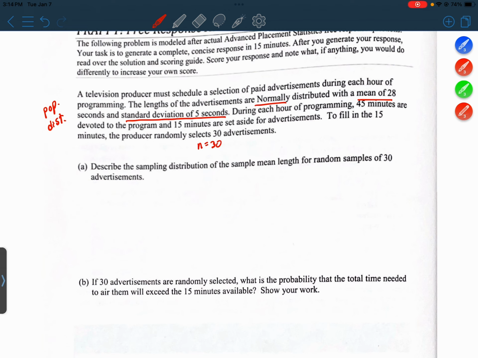All right, part A. Describe the sampling distribution of the sample mean length for random samples of 30 advertisements. Okay, so the sample mean is often labeled as X bar. So part A is asking about the sampling distribution of X bar. So we've got to figure out its shape, its center, and variability.